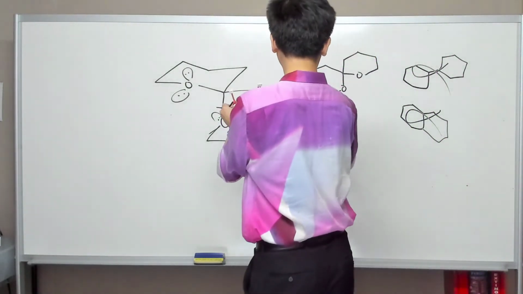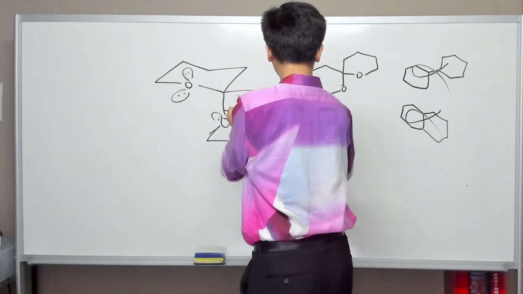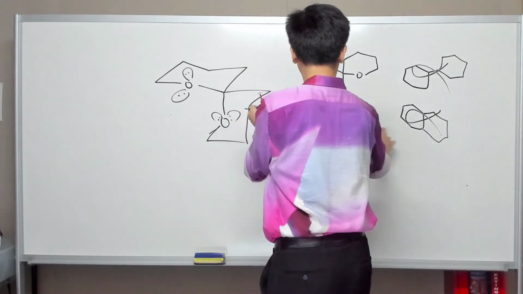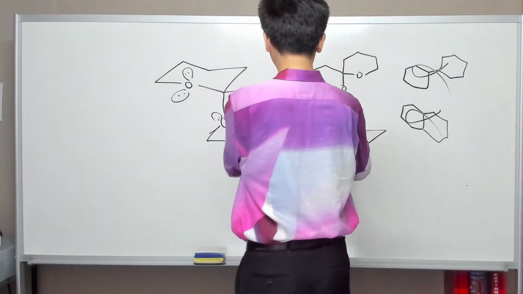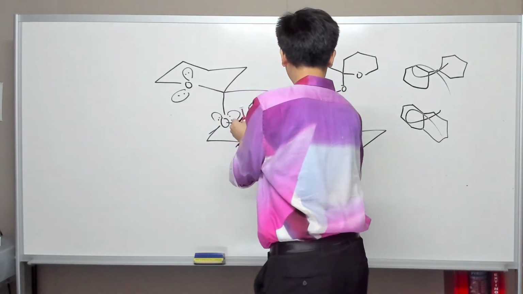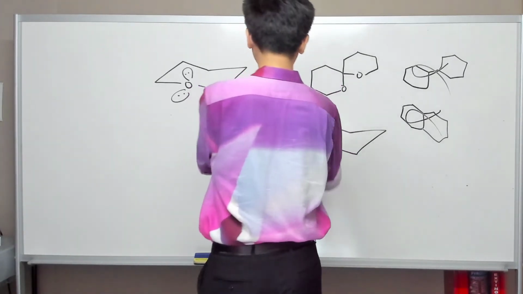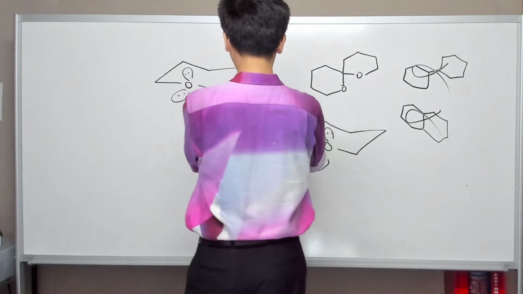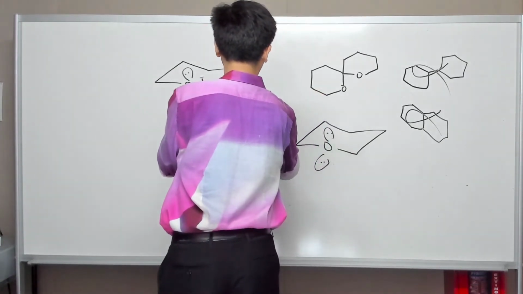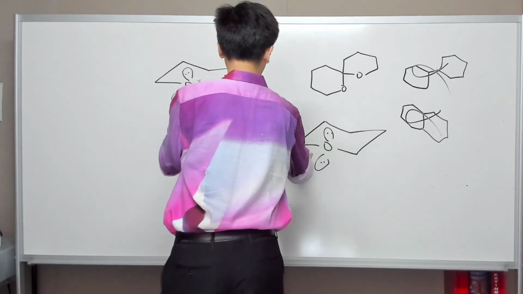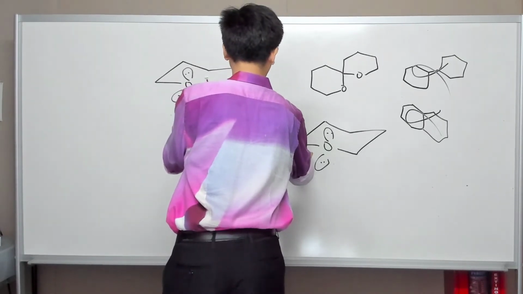Now we'll try to draw this on the board. It'll look like this, and then of course the lone pairs of electrons are here. After that I will try to rotate this a little bit to see where this is leading me towards.